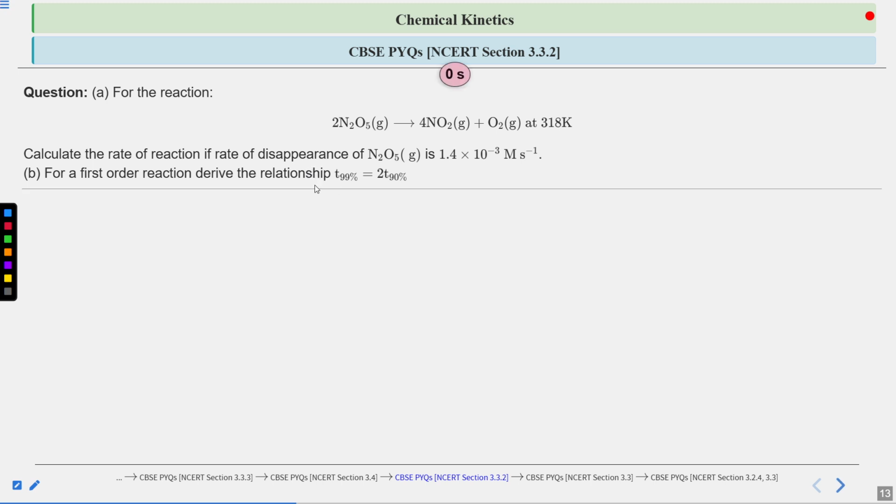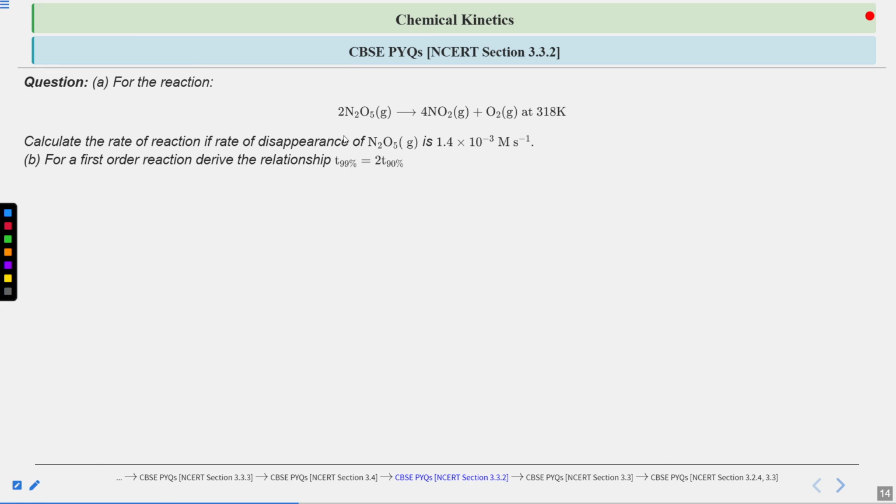So for the first part of the question, the reaction is already given as 2N2O5 giving us 4NO2 plus O2. Let's say this is the first reaction. How can you modify this?